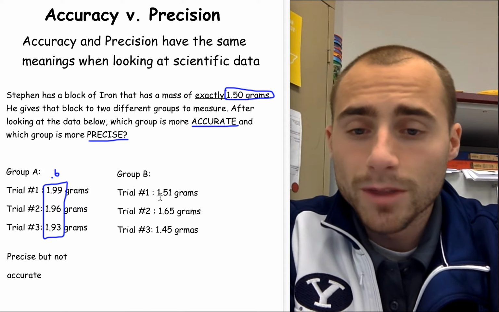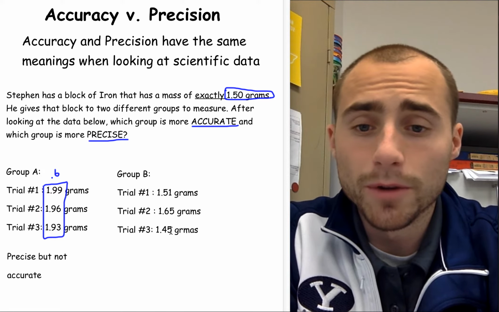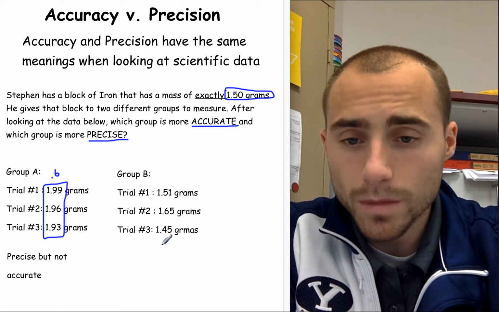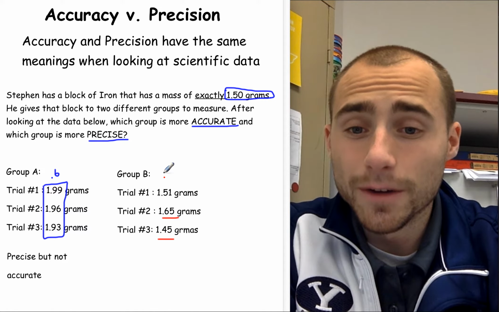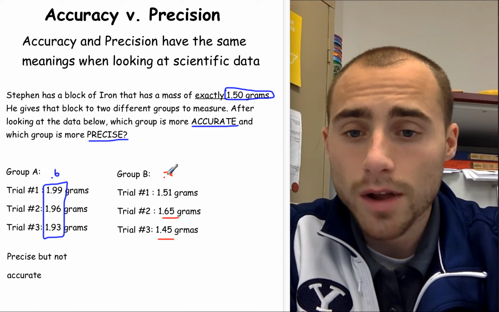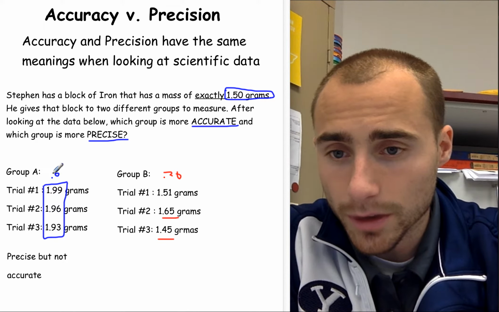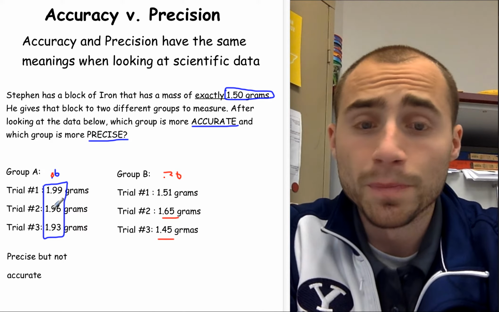Group B: 1.51 grams, 1.65 grams, and 1.45 grams. These are a little bit more spread out because we have 1.45 and 1.65. That's a difference of 0.20. Sorry, the one over here should have been 0.06, not just 0.6. So 0.20 is much more spread out than this group over here.